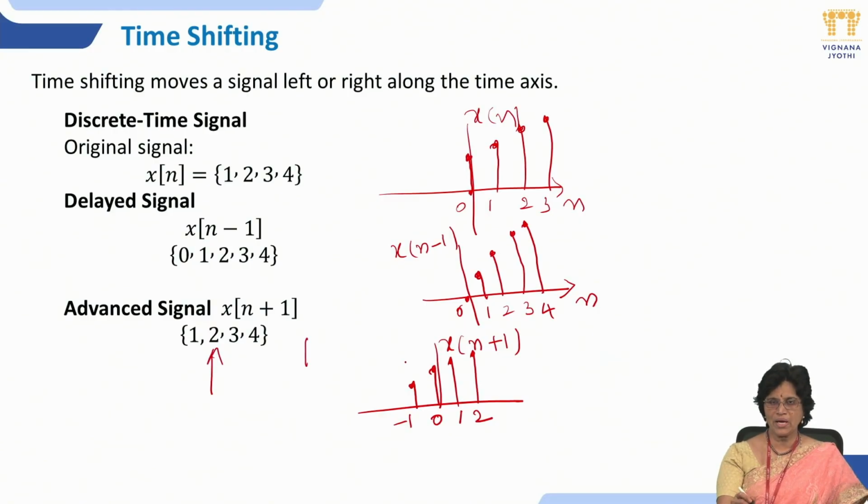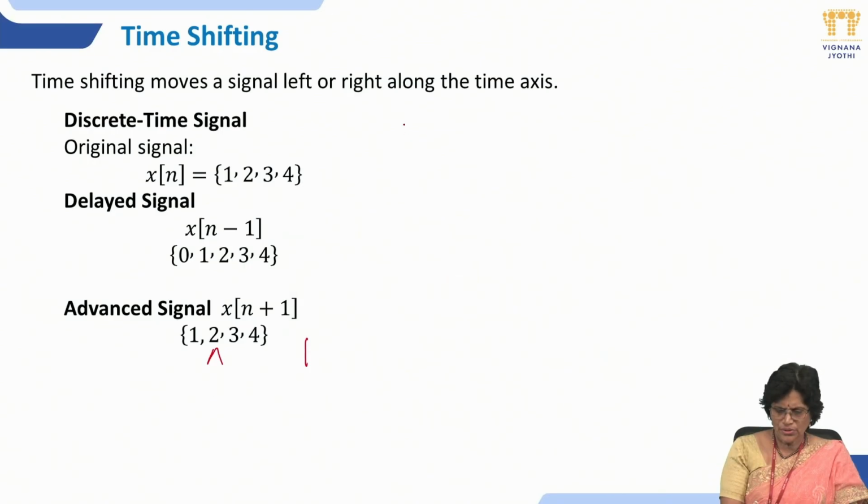For example, I am having mirror image of signal. So for example, you take x of n is equal to, once again I will explain the time shifting property. So just now we studied. So now here I am having signal at 0, it is having 1, 2, 3, 4, at 0, 1, 2, 3.